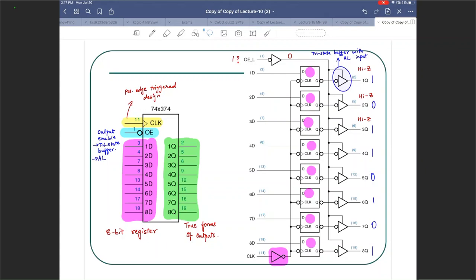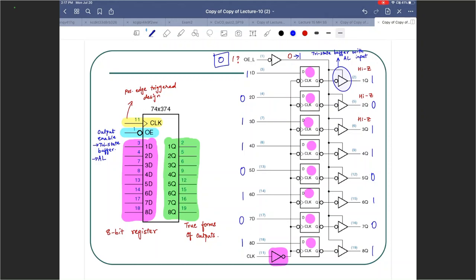Well, the first thing that I need to do is change the inputs to 1 0 1 1 0 1 0 1. Next thing I need to do, change output enable to 0. Make it active, right? Enable the output, which means this guy will become a 1 there, and all the 8 tri-state buffers will now be enabled. What next?